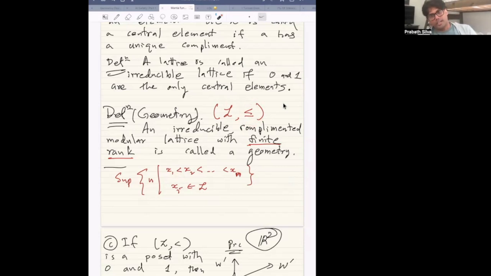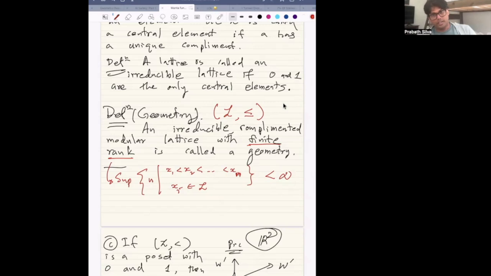Okay, and we come up with a chain of elements strictly less than each other, nearby elements. You take the supremum of this thing, and that's finite. So this is the finite rank.